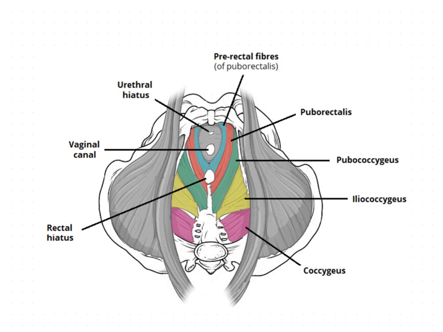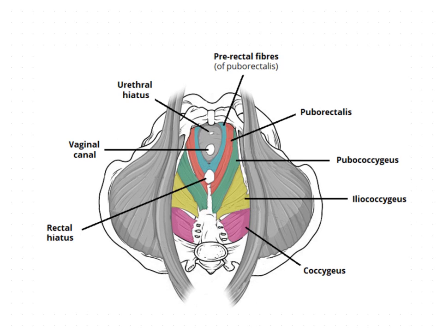The other muscles, the obturator internus and piriformis, are present in the true pelvis. So now we are only discussing the pelvic floor muscles.